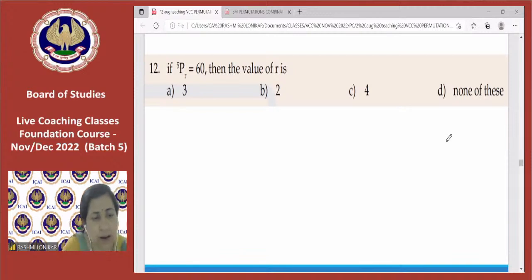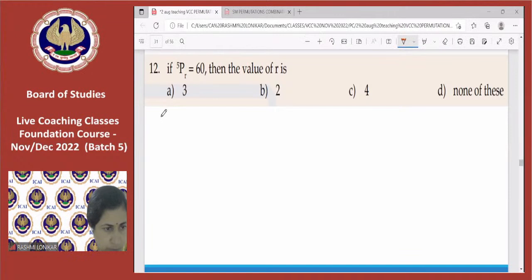If 5Pr is equal to 60, then the value of r is? 5Pr. I know that nPr is n factorial upon n minus r factorial, right?